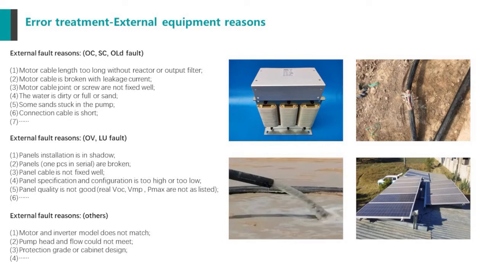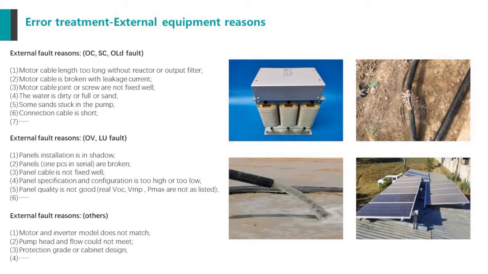There are also some other peripheral equipment reasons, like the motor and inverter module capacity doesn't match. You use a small power inverter to drive a big power motor, or you use a too large inverter to drive a too small power motor. They could also damage the VFD or damage the motor.